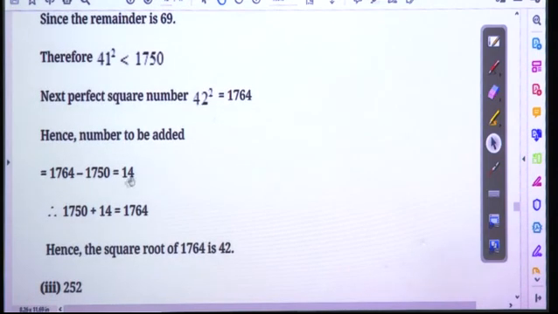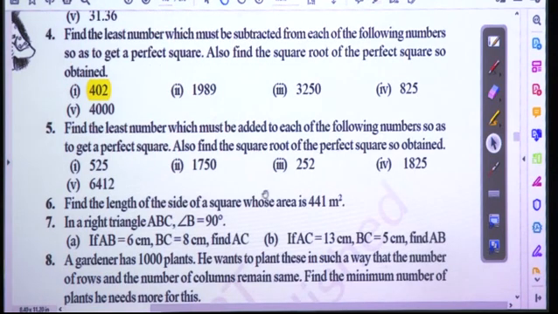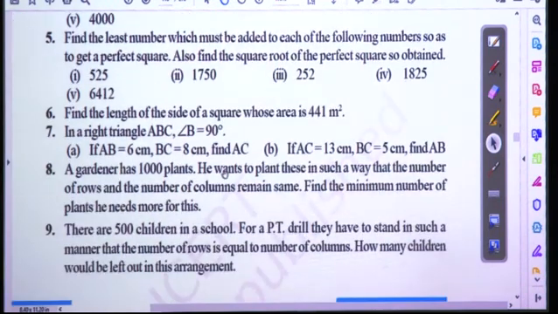So, when we add this 14 to 1750, we get 1764, which is the square of 42, and the square root of it is 42. Hence, the square root of 1764 is 42, and in this way we can calculate the remaining ones.